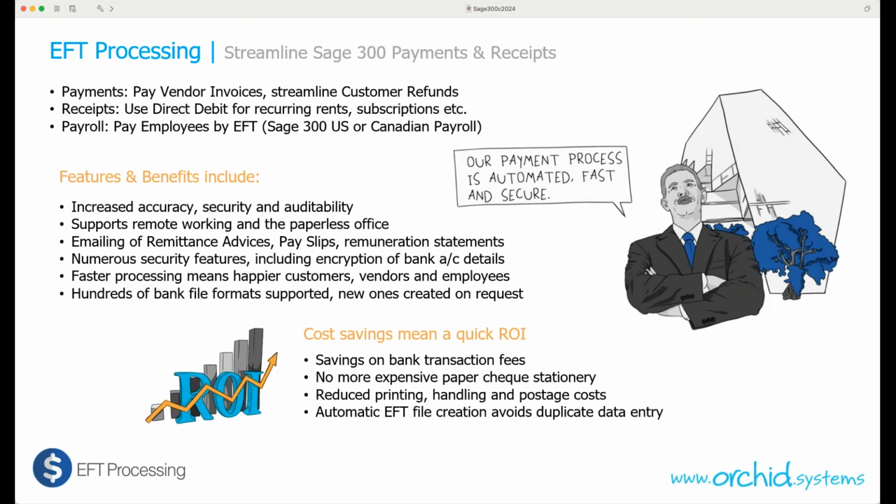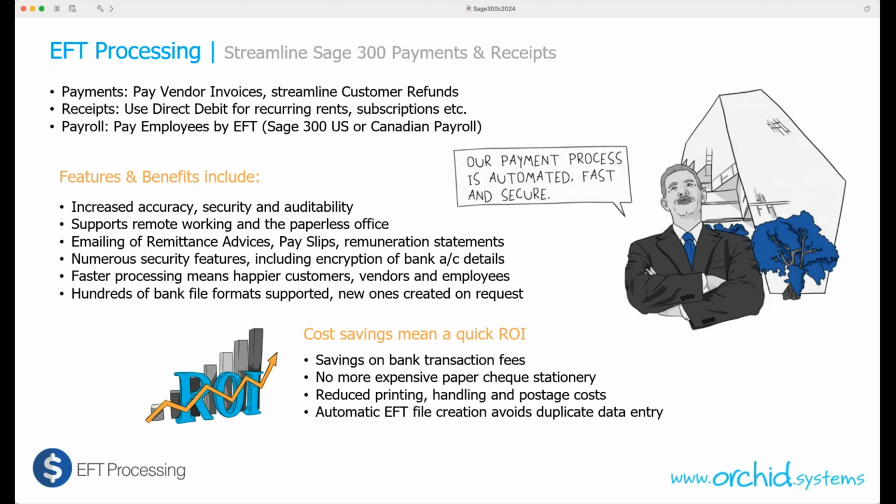The features of EFT include increased accuracy, security, and auditability of both your payments and the banking details. It supports remote working and a paperless office, as you no longer need to print checks and circulate them around for signature. You can email the remittance advices or remuneration statements to your vendors and customers.